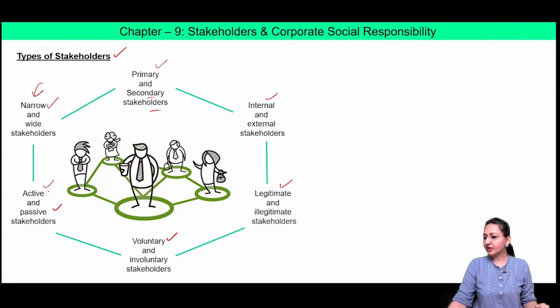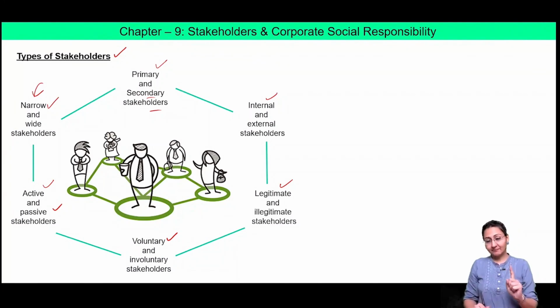Active and passive stakeholders. Active, who actively participate in the operations of the business. Passive stakeholders, who usually do not actively participate in the business. They are passive stakeholders, not much interested in the business of the company. Then voluntary and involuntary. Voluntary stakeholders choose to get involved in the management of the business, some strategic decision making.